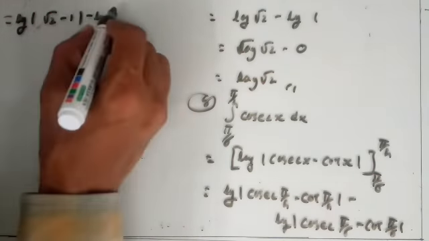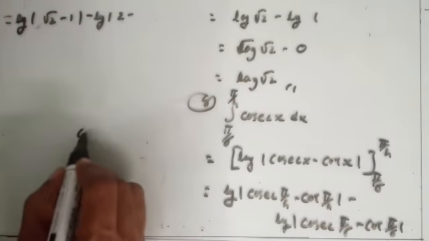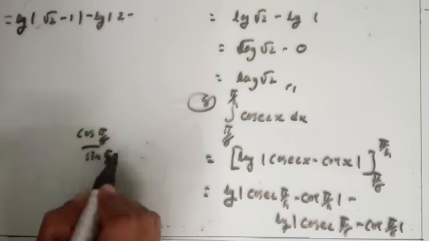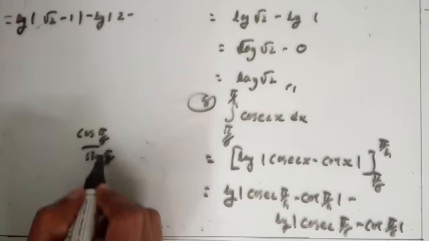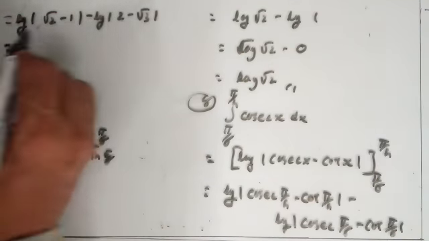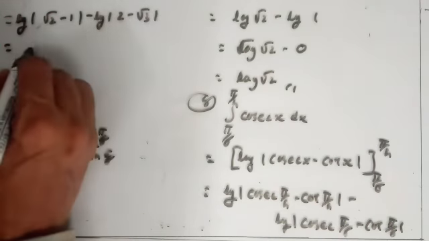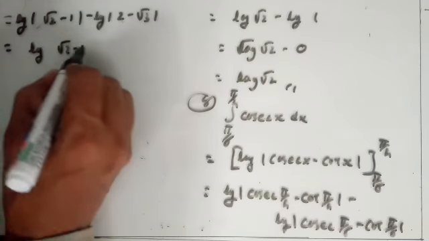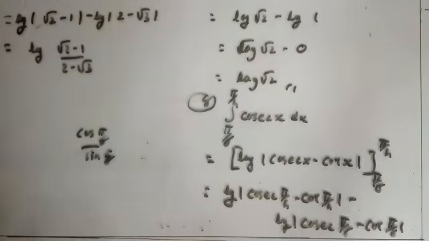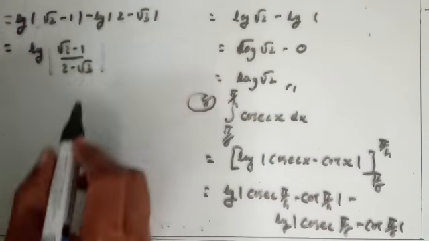So cosec pi by 6 is equal to 2, minus cot pi by 6, which is cos pi by 6 upon sin pi by 6, that is root 3 by 2 over 1 by 2, so we get root 3. Clear? Now simplify this. So is equal to log root 2 minus 1 minus log 2 minus root 3, which becomes log root 2 minus 1 upon 2 minus root 3. Clear? And in magnitude. Okay.